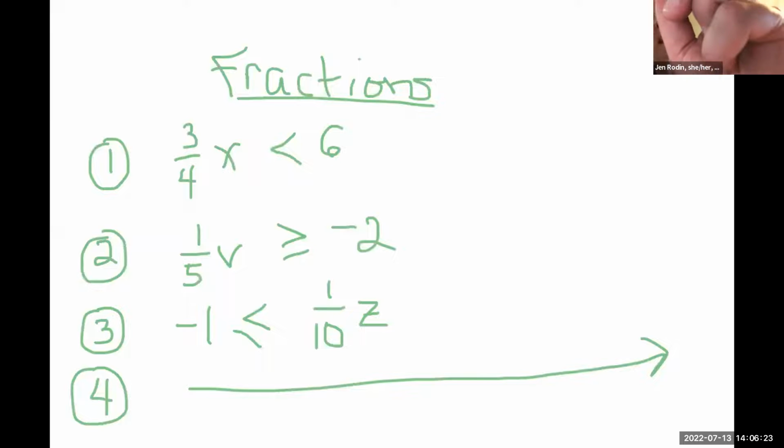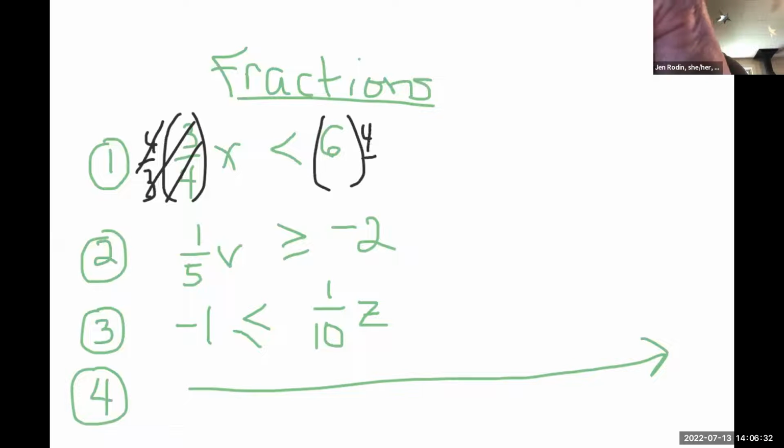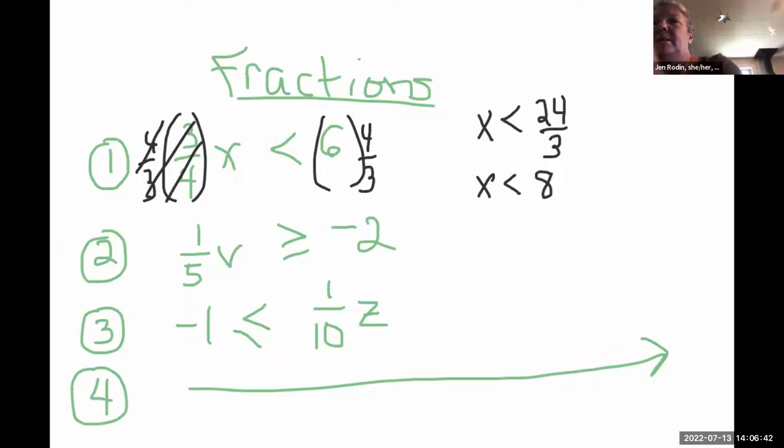Okay, here are some solutions. Multiply by 4/3, because that'll cancel. Don't forget to do it over here. x is less than 24 divided by 3. x is less than 8. So on the number line, here's 8, and we're shading to the left.